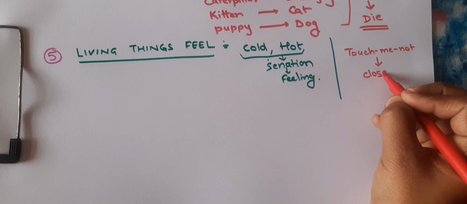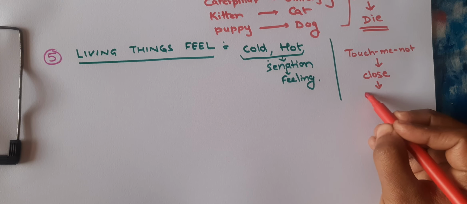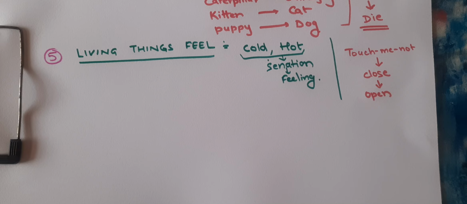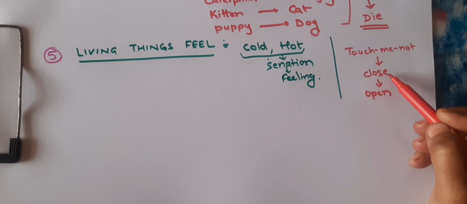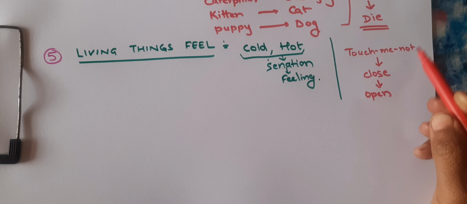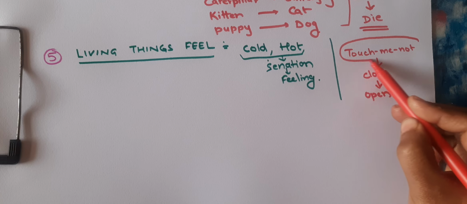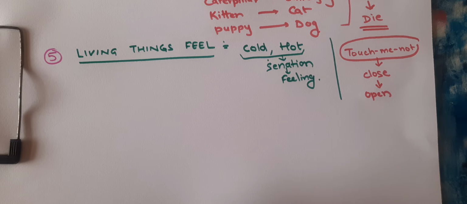That's why the name of the plant is touch me not. After some time, it will open again. When you touch it, it feels some danger, so it will close. After some time, it will feel that now the danger is not there, it will open again. This is because of the sensation, that is the feeling.